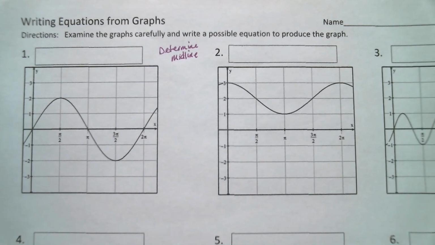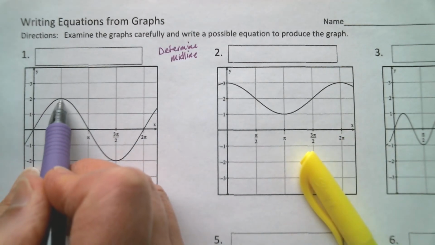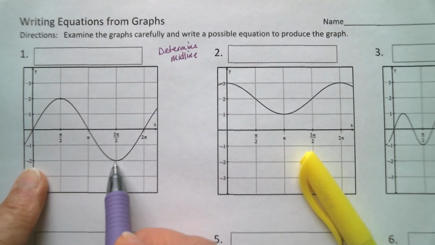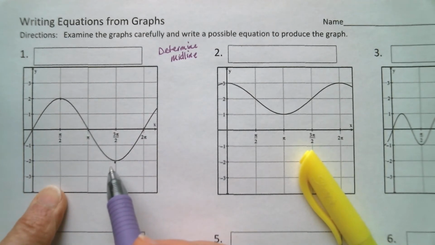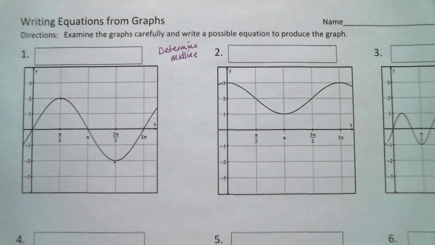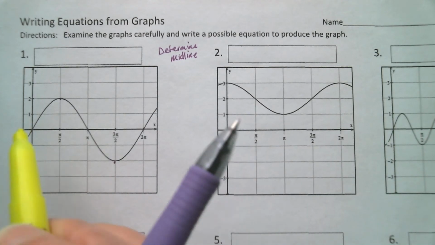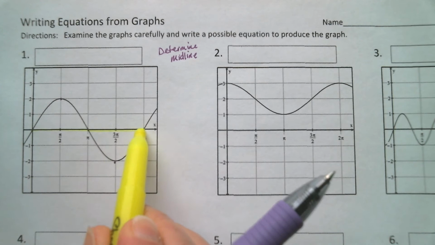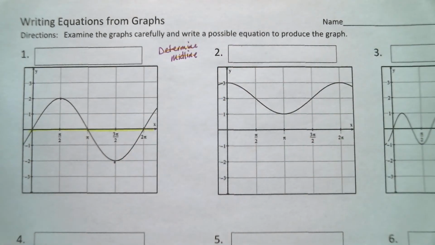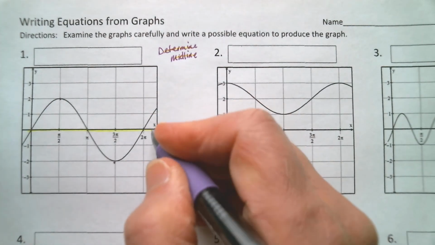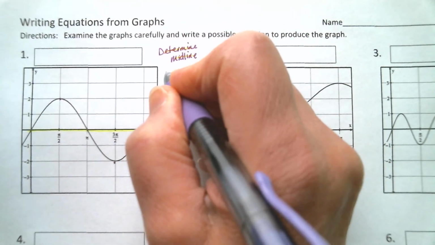The max is here at 2, the min is here at -2, so the midline has to be midway between, or the average. 2 plus -2 is 0, divided by 2 is 0. So the midline here is our x-axis. This is our midline. So that means that our c value is equal to 0.